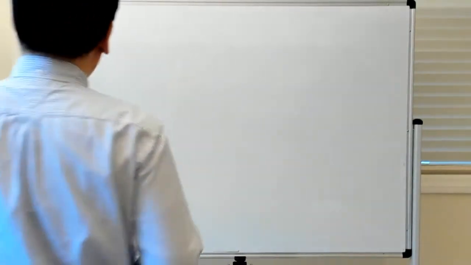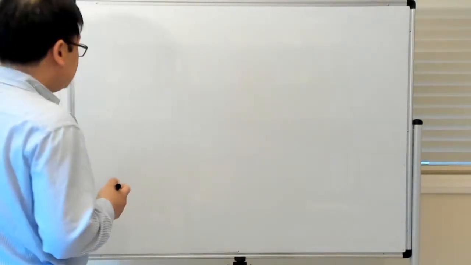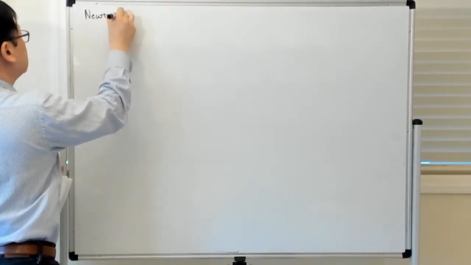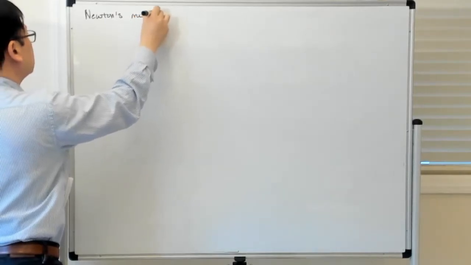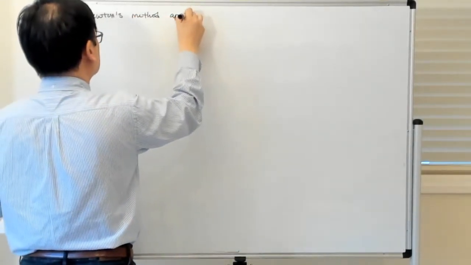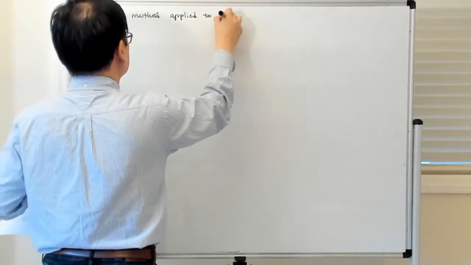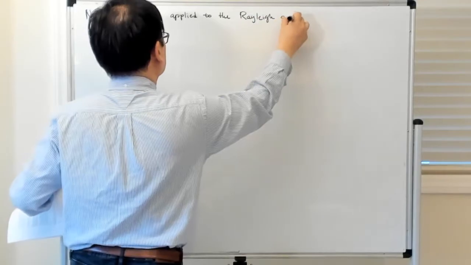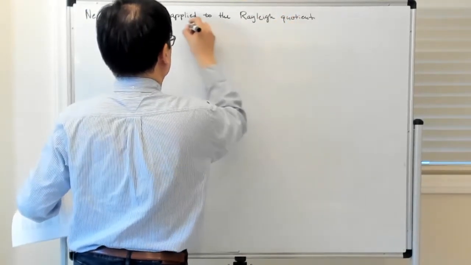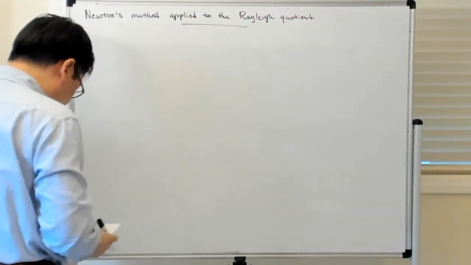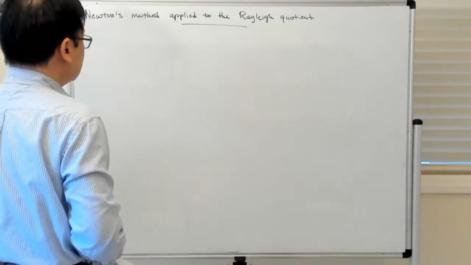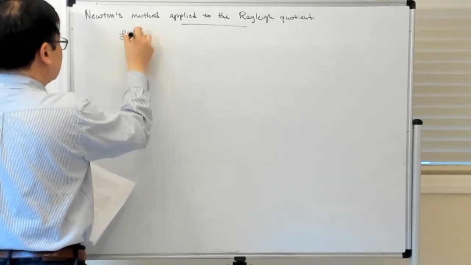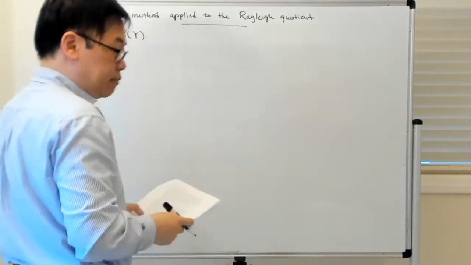So now we're going to look at what happens when you apply the Newton method to the Rayleigh quotient. If you recall, we had introduced this idea of the generalized Rayleigh quotient, which allows you to compute not just the minimum eigenvalue.